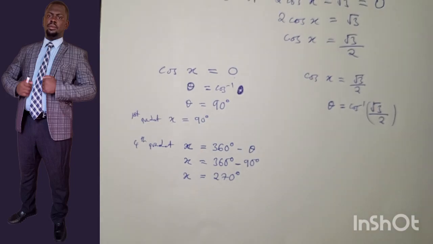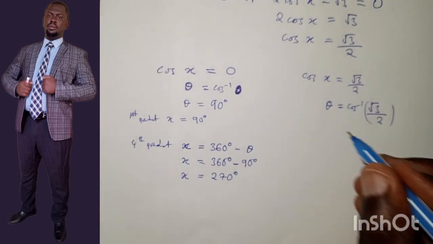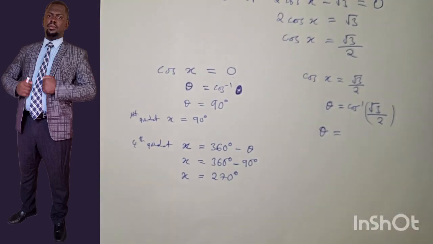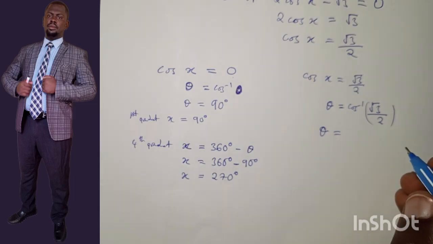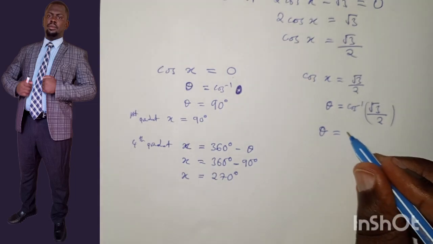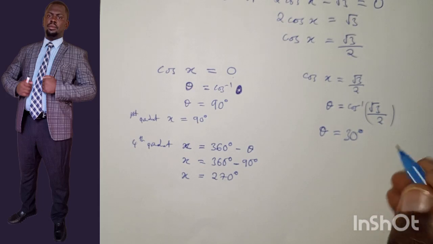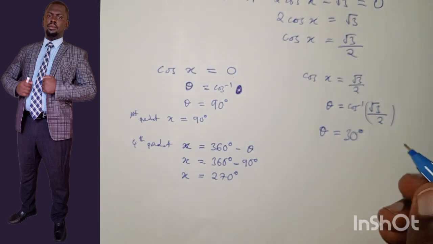So what is cos inverse of square root of 3 over 2? We can use a calculator for this one. It gives us 30 degrees.